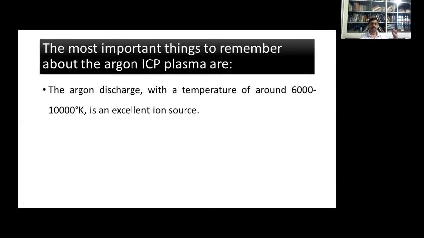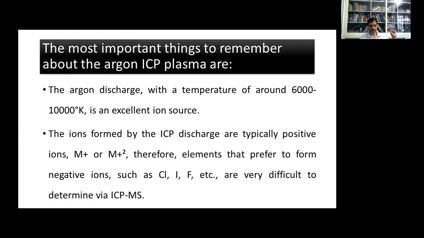The most important things to remember about the argon ICP plasma: the argon discharge with a temperature of about 6,000 to 10,000 degree Kelvin is an excellent ion source. The ions formed by the ICP discharge are typically positive ions. This is something that we have to keep in mind.